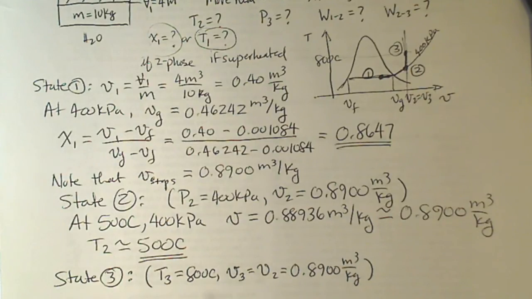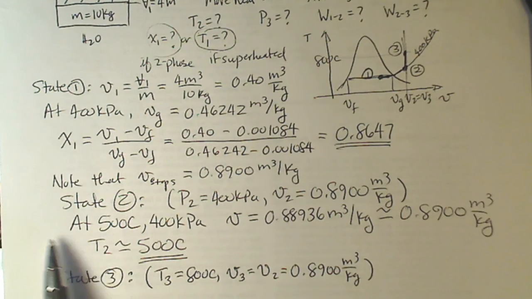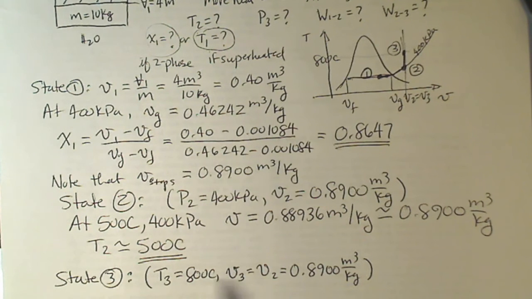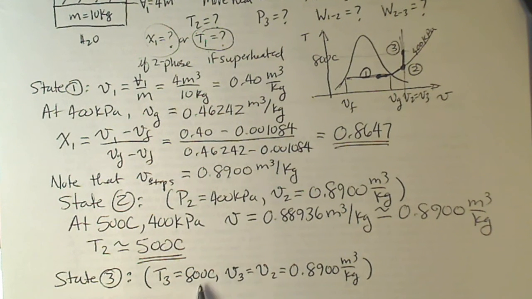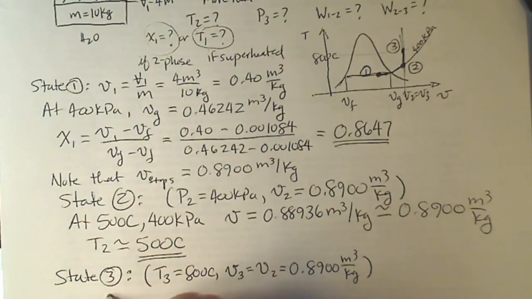Again, it's a search in the superheated tables going across the tables where the temperature is fixed, and we're looking for a specific volume of 0.89 at 800 degrees C. So in my tables, I find the pressure to fall between 500 kPa and 600 kPa, and then I'm going to need to interpolate.